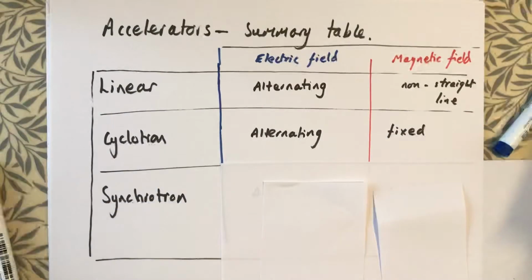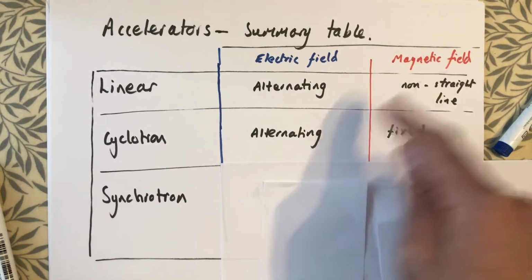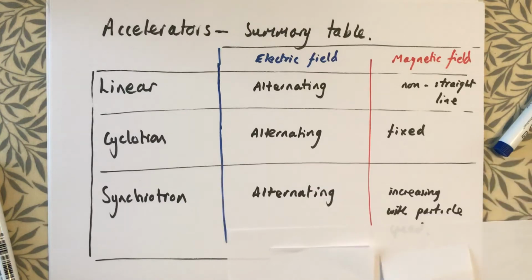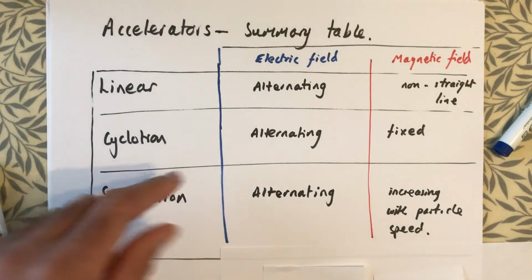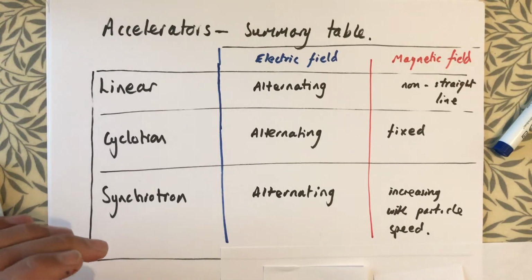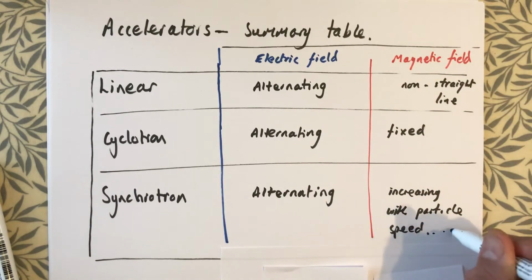So the electric field is alternating and the magnetic field is fixed. Now, in a synchrotron, we have an alternating electric field at that one point in the ring where we accelerate the particle, and then we have a magnetic field that is increasing with particle speed.